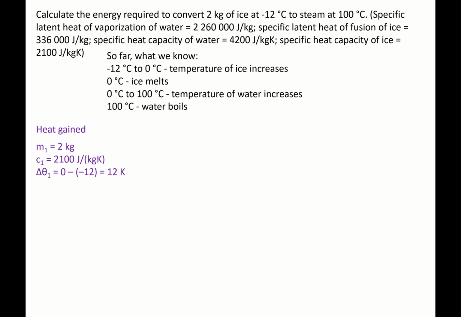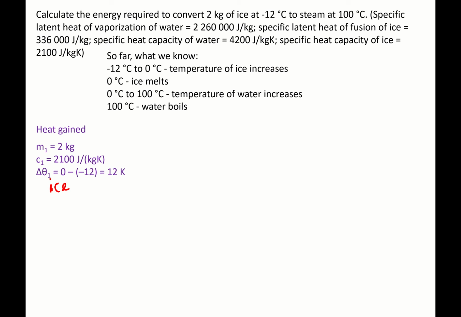So first part is ice. This is actually ice. So M1 is 2 kg, C1 is 2100 joules per kg per Kelvin, and the temperature rises from minus 12 degrees Celsius to 0 degrees Celsius. As mentioned in my earlier video, change in temperature in degrees Celsius equals change in temperature in Kelvin.